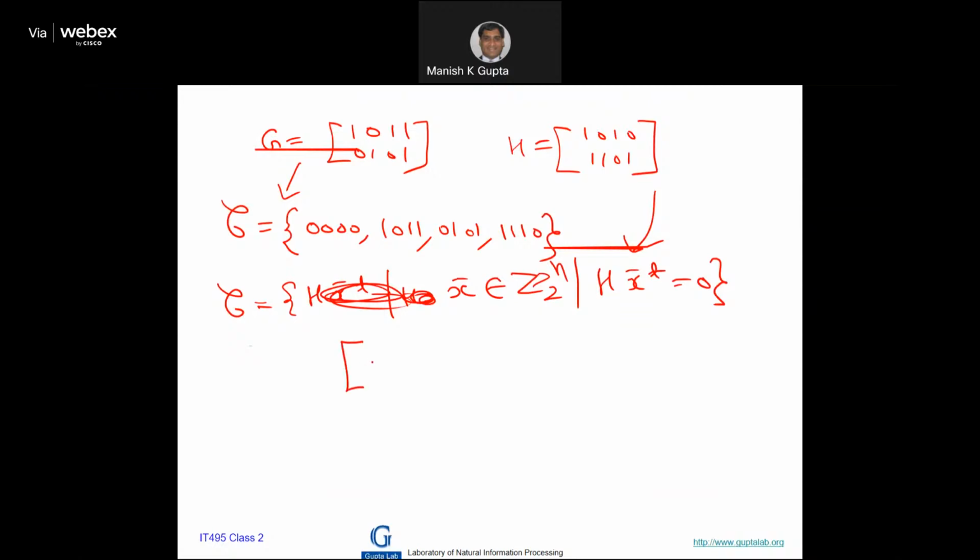I'll just multiply 1, 0, 1, 0, 1, 1, 0, 1 by X1, X2, X3, X4. Hx transpose is equal to 0 means 1, 0, 1, 0, 1, 1, 0, 1 multiplied by this. How many equations will you get when you multiply? 2, right? You can write down what the equations are.